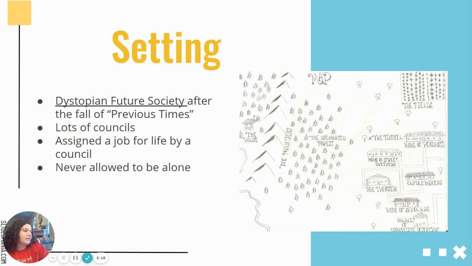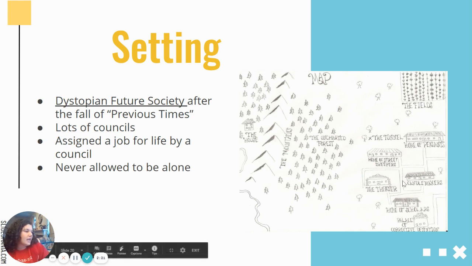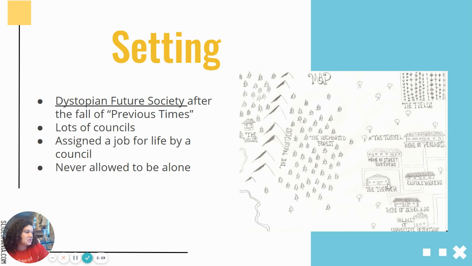So this is kind of the map of what we are seeing so far. We have the home of street sweepers and the theater, and this is where the home of the peasants is. So this is kind of where our guy lives, and then he is a street sweeper.